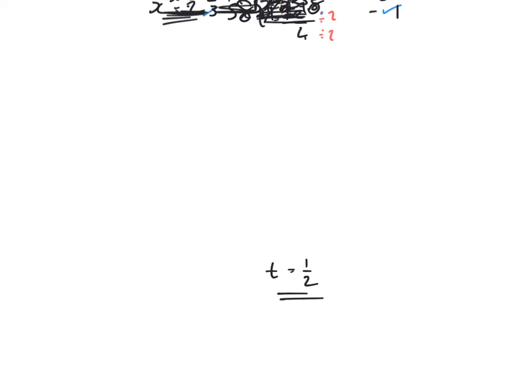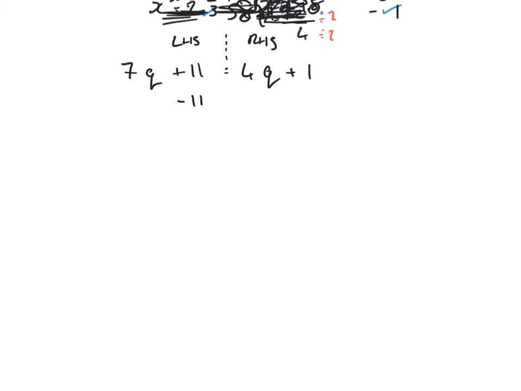Okay, let's try an example 9. 7q plus 11 is equal to 4q plus 1. Okay, letter terms to the left, number terms to the right, equal sign in the middle. 7q is fine, but 11 is not, so I need to get rid of it from both sides.